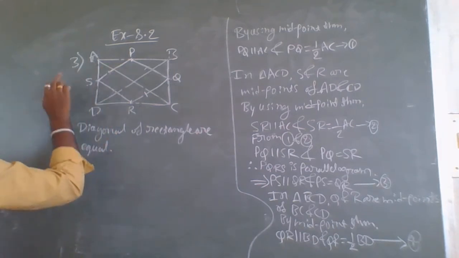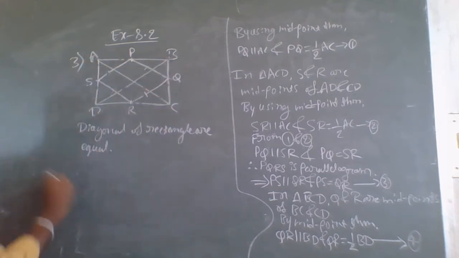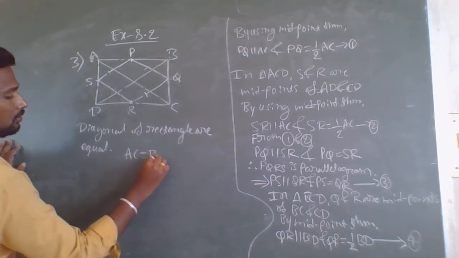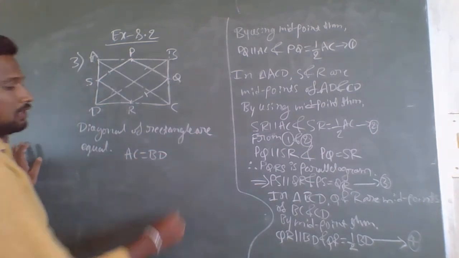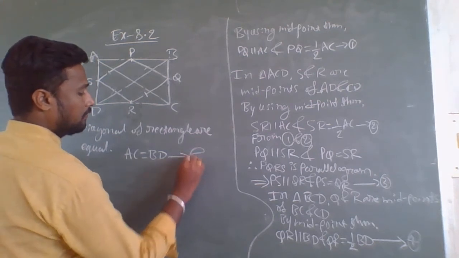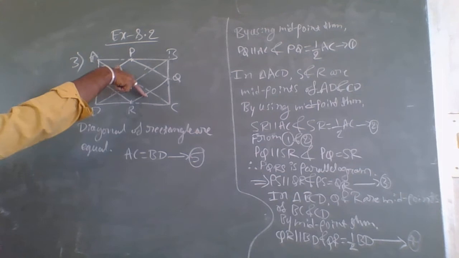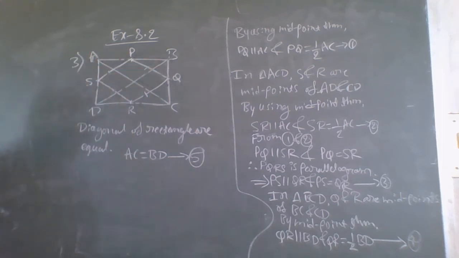So diagonals AC and BD are equal because ABCD is a rectangle. Therefore, AC equals BD. I will consider this as 5. These two sides, BD and AC, are equal because diagonals are equal in a rectangle.